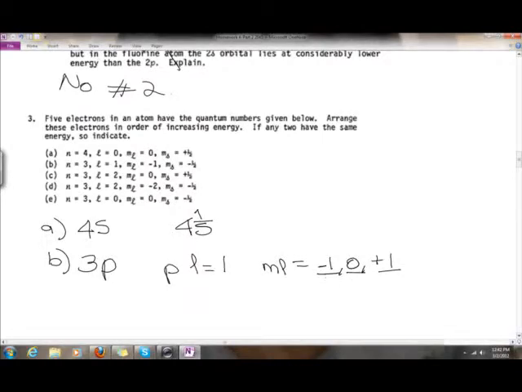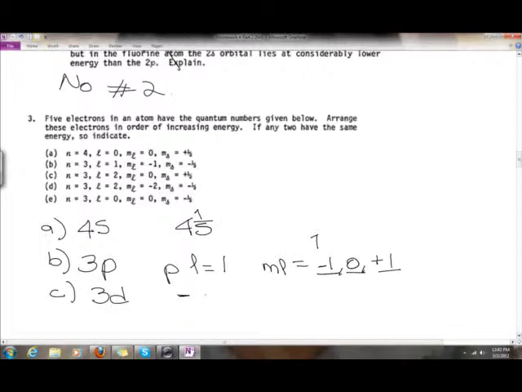And it says minus 1, so you would have only 1 orbital on this subshell. So it's 3p. How about C? C is N equals 3, L equals 2, and that would be a D. And the ML would be 0.